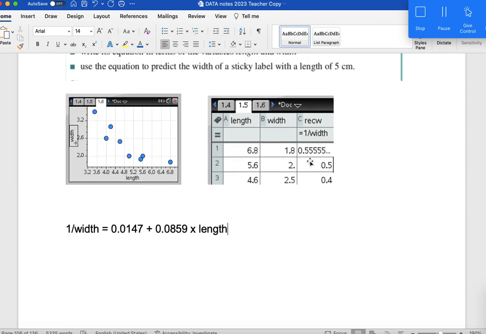Use the equation to predict the width of a sticky label of 5 centimetres. Be careful, this formula now is not a formula directly for width. It's a formula for 1 over width. So how we're going to get around that when we're making this prediction, when length equals 5, is we're going to use our solve function.